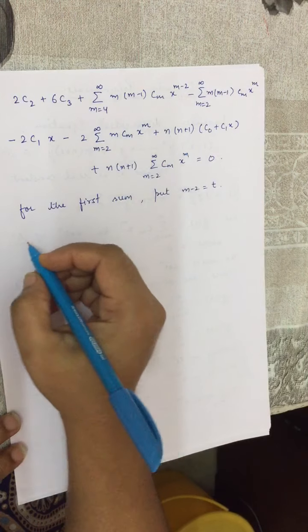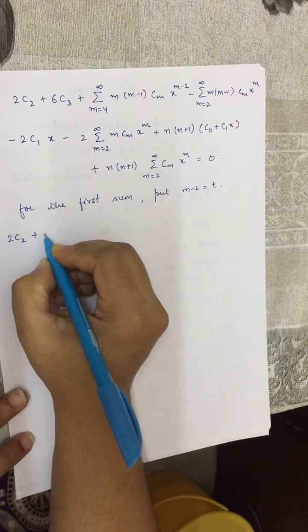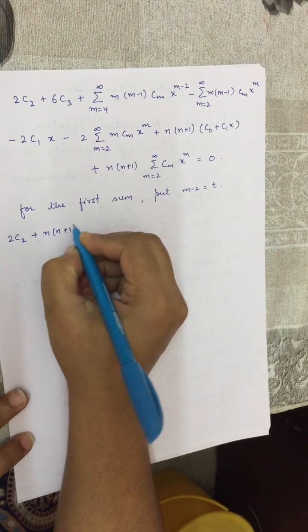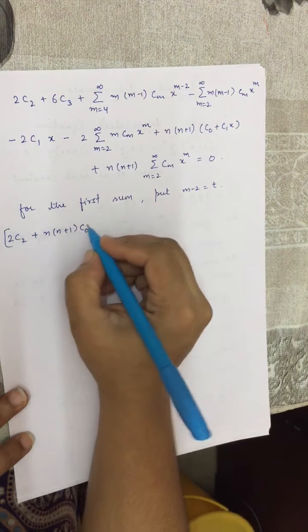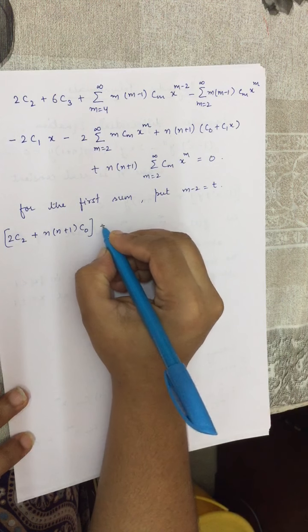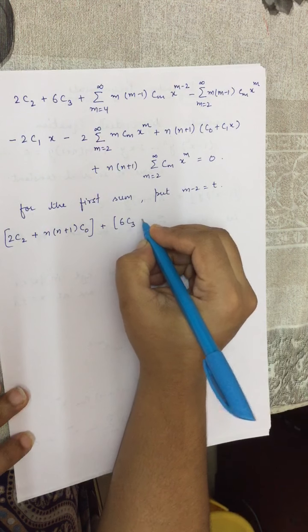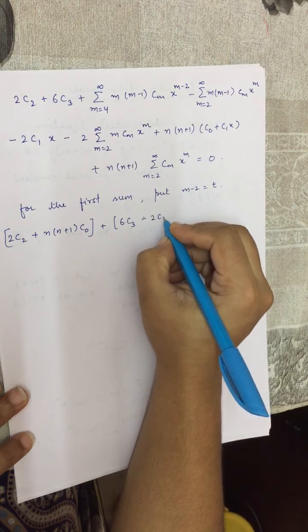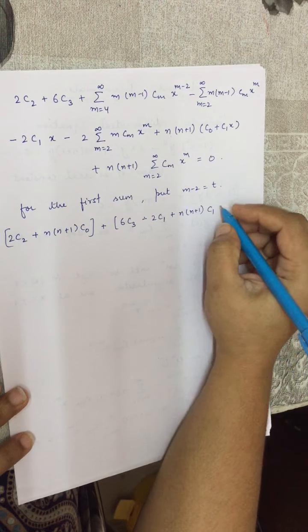So the whole of this equation becomes basically 2c2 plus n(n plus 1) c0. These are the constant terms which do not contain any x. Then the coefficients of x: 6c3 minus 2c1 plus n(n plus 1) c1.